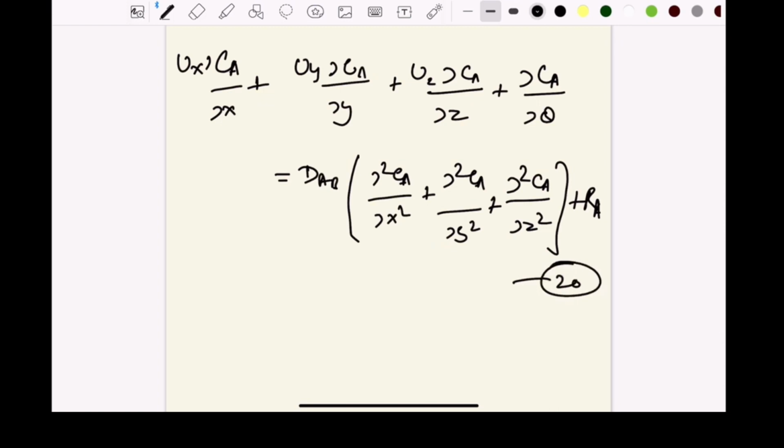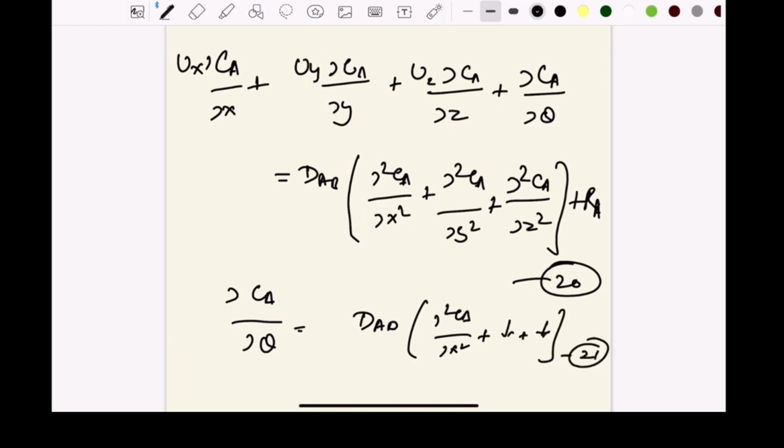For a special case where velocity is zero and there is no chemical reaction, the reaction term vanishes and the velocity terms reduce to zero. It becomes ∂CA/∂θ is equal to DAB (∂²CA/∂x² plus ∂²CA/∂y² plus ∂²CA/∂z²).